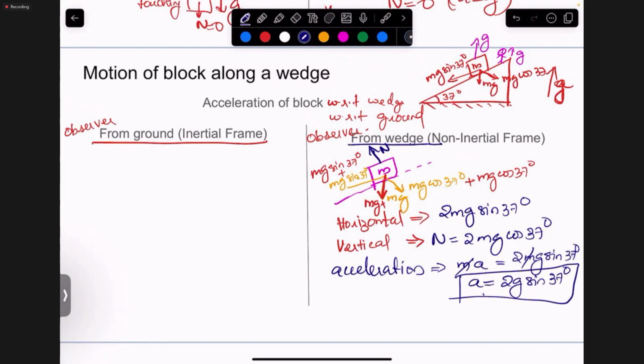Now, acceleration of block with respect to ground, how will you calculate it? So this is the wedge over here. This is the block. So acceleration g is acting upward. So m times g is acting upwards. Then this is like the component of weight which is acting downwards.